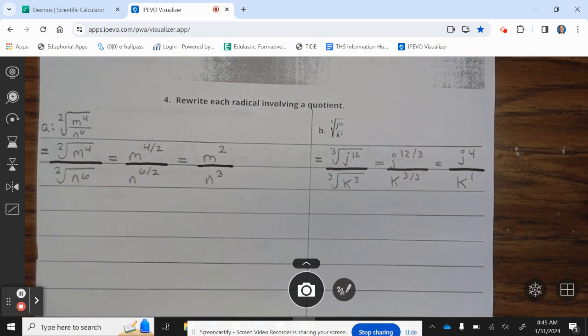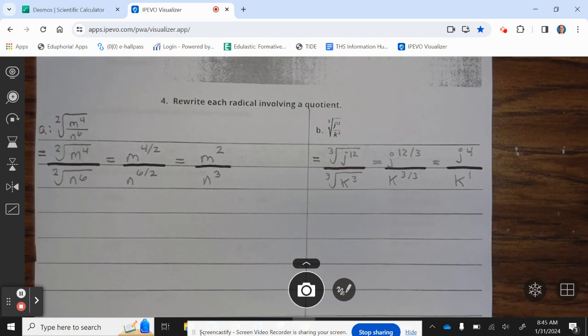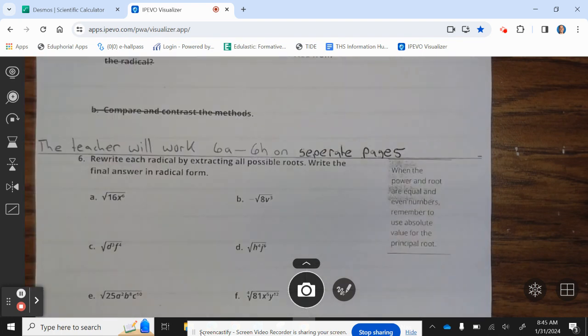All right, go ahead and finish up 4a and 4b. All right, let's take a look at the next page.